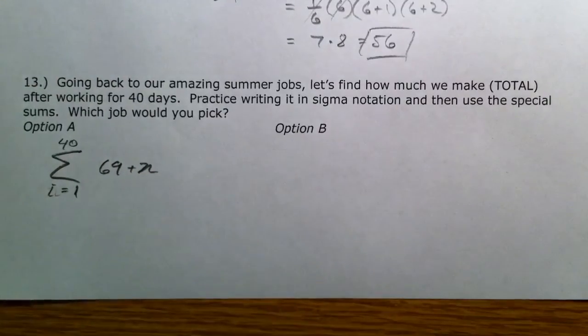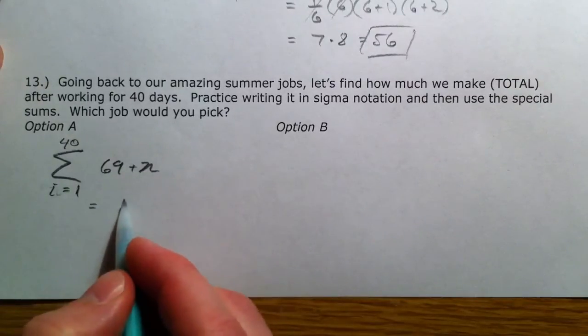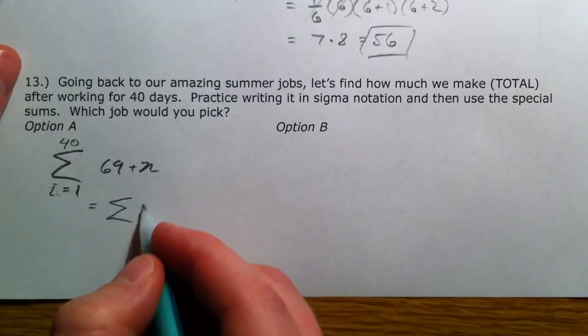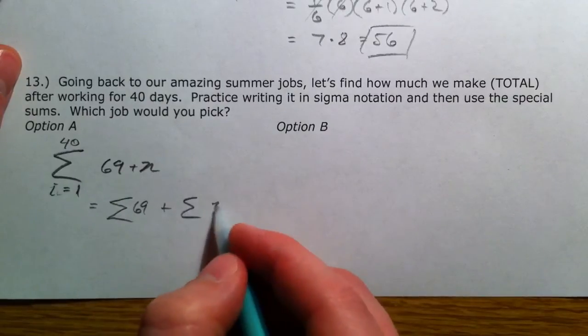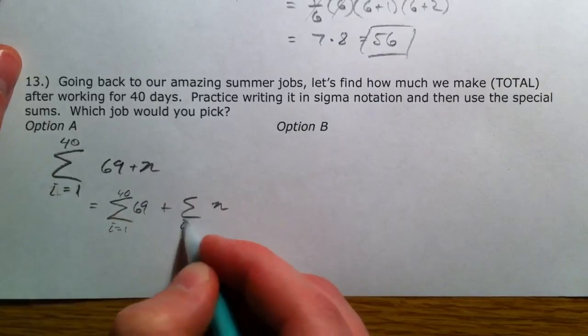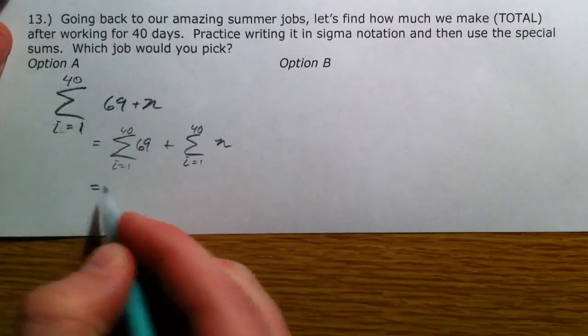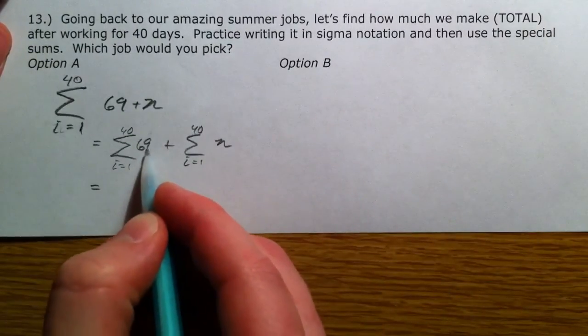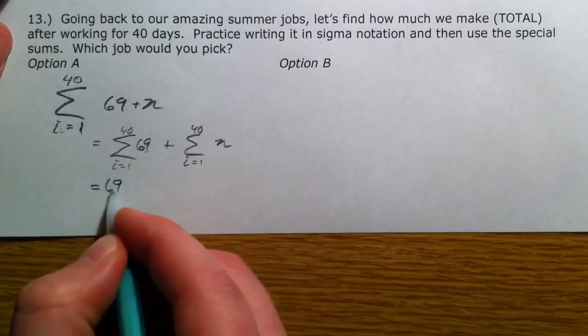So what we're going to do here is split this up so that we have, well, what if we have the sum of 69 and we have the sum of n from 1 to 40 and 1 to 40. And so what we can do with this is we can take the 69 and multiply it by the 40, because we're going to add 69 40 times.